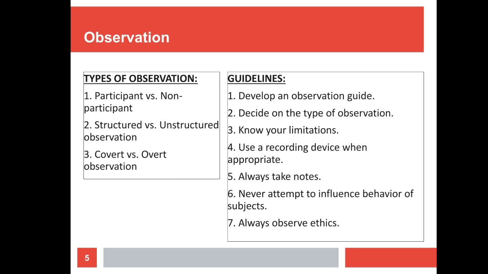If you influence your subjects to show certain information or behavior that you're actually looking for, that particular observation is very biased and unreliable. Lastly, always observe ethics.